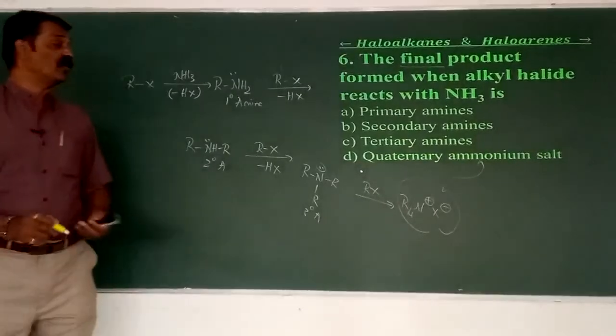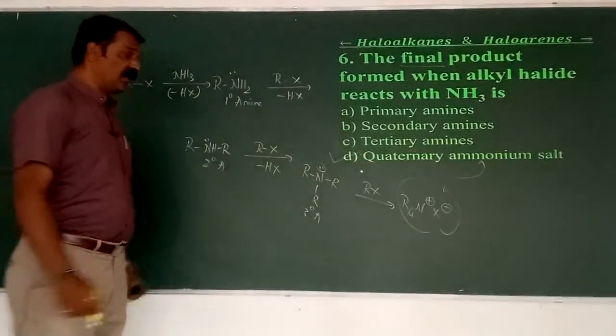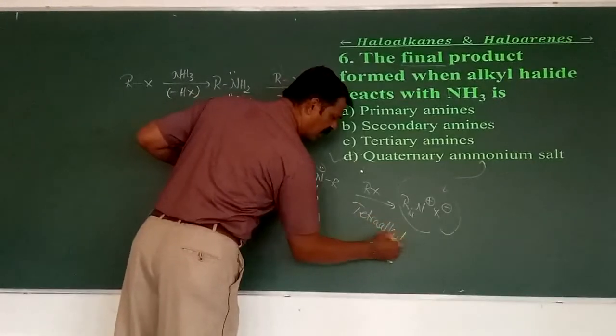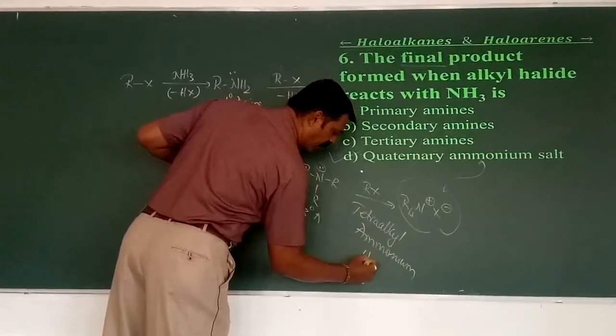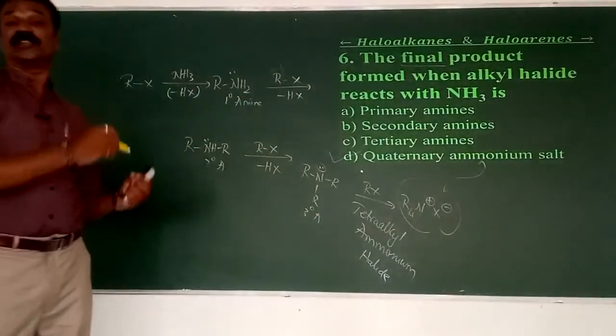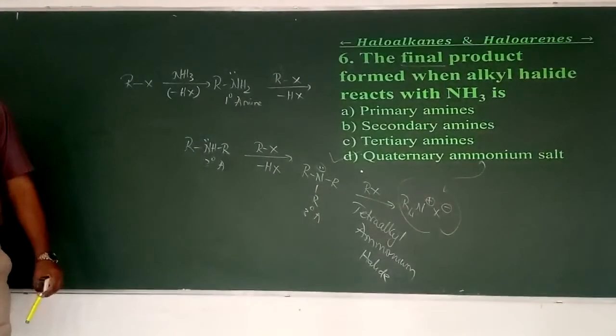That is 6th is found to be the what? D. QAS. The name of this one is also called as, instead of this we can write that as tetraalkyl ammonium halide. Tetraalkyl which one? Ammonium halide, which is an example for a what? QAS. What is that QAS called? Quaternary ammonium salt. Okay. So that is about the 6th here.